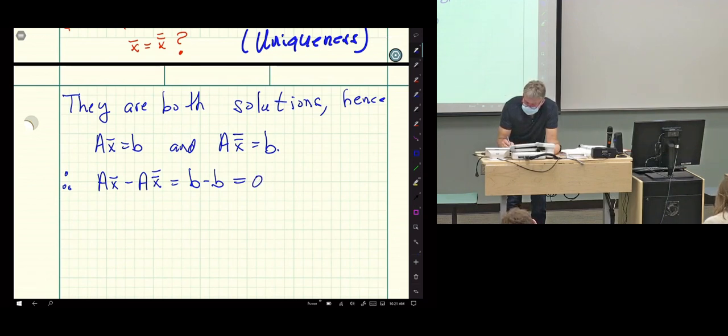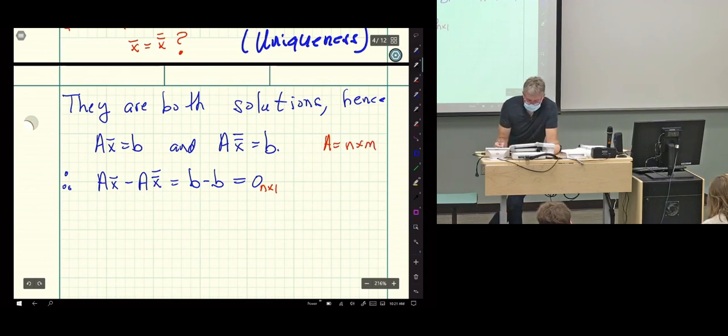And just to be clear, that's the 0 in R^n, because A has n rows and m columns. Our typical A. Everybody agree? A x bar equals b, A x double bar equals b, we subtract them, we get 0.